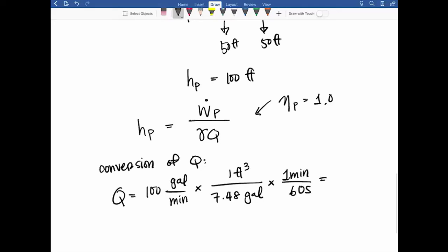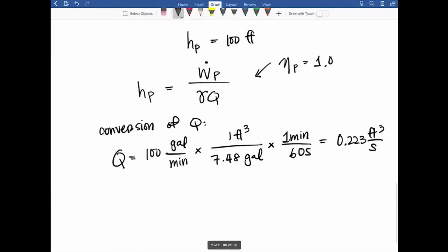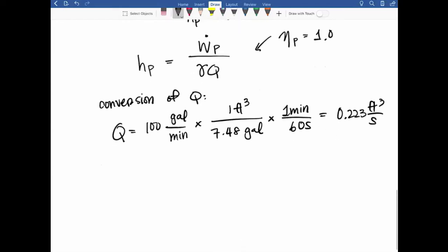Can someone quickly give me a calculation for Q? 0.223 feet cubed per second. Perfect. I see confirmation already. All right.